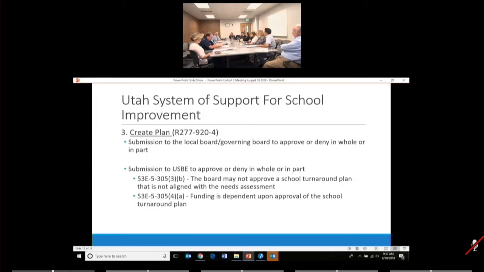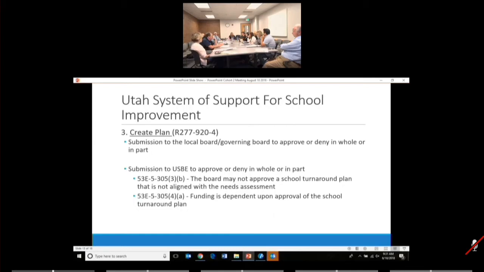We can be flexible there as long as ultimately what the plan is doing is addressing what has been identified as the root causes in that school. And the state has given us a set of tools and things that they require us to report on a quarterly basis. So we will be using those and implementing those in addition to what's going on with the SIP.